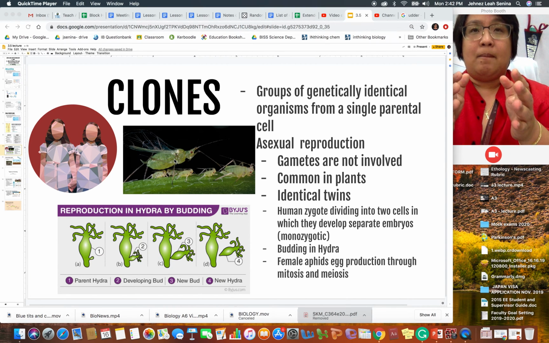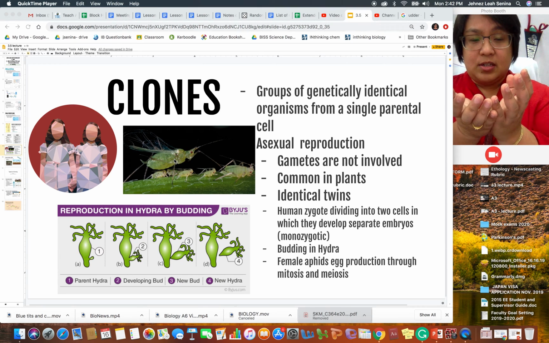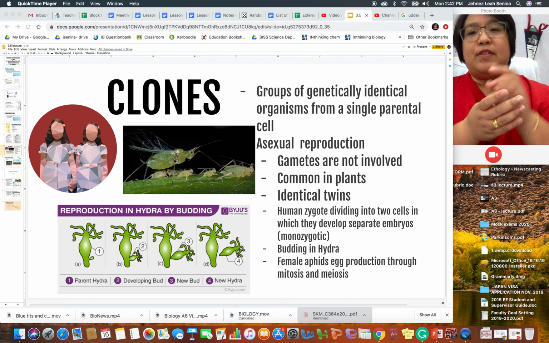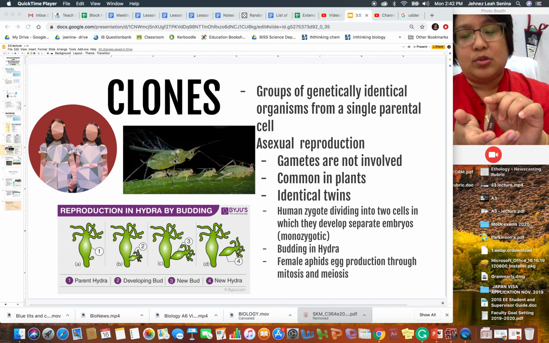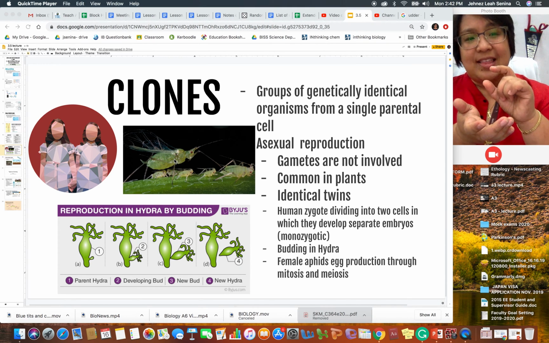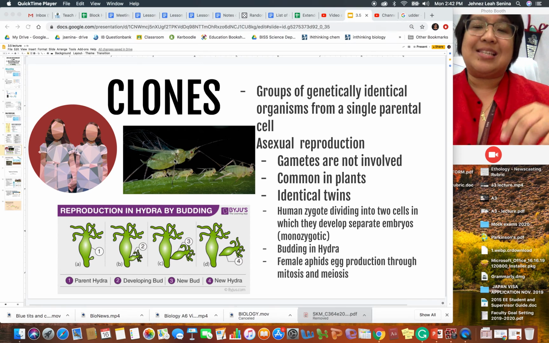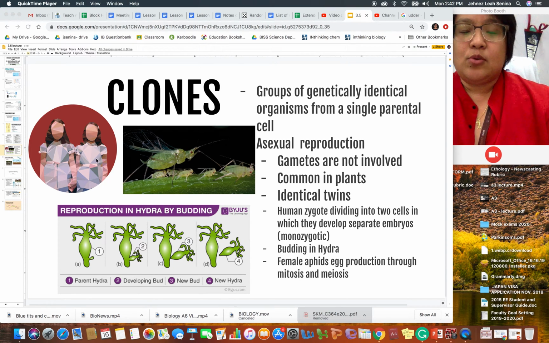It can grow on its own and then hatch into a new insect. So those are some examples of cloning in the animal kingdom.